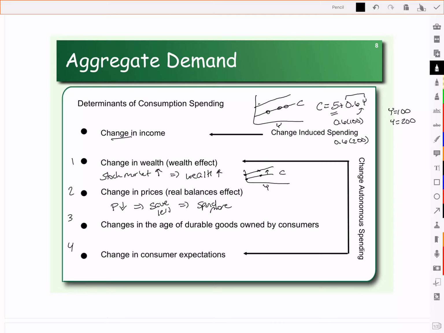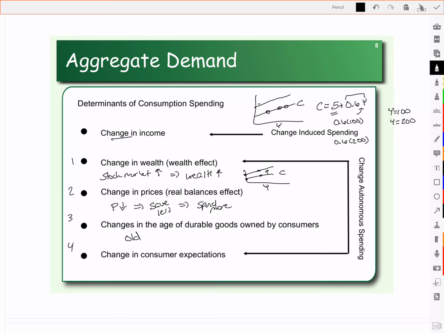The third thing that changes autonomous consumption spending is a change in the age of durable goods. So remember, durable goods are goods that are long-lasting. These would be things like furniture and electronics. You keep them for multiple years. Well, if your durable goods are getting old, right, the refrigerator is about to die, then even if you have 0 income, say you've been laid off, your income is 0, but your refrigerator is about to die.